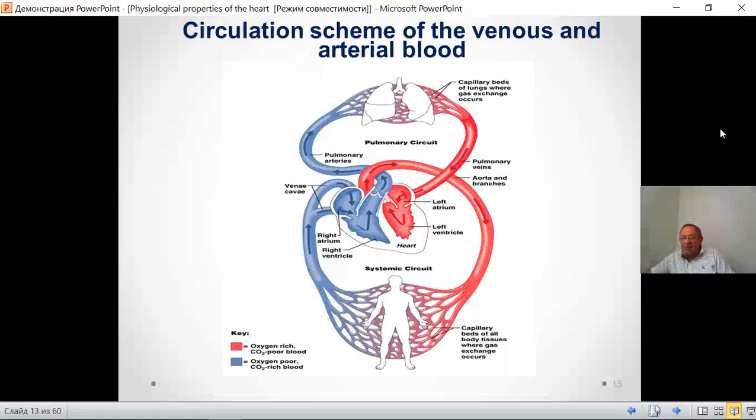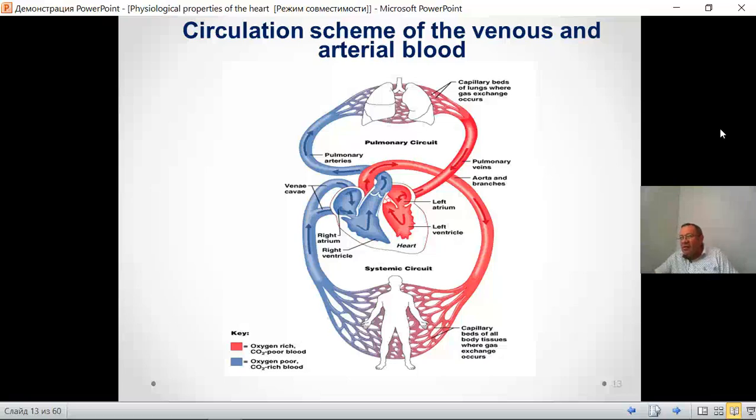Circulation through the heart. In the figure you can see the circulation scheme of venous and arterial blood in our body. There are two distinct but linked circuits in the human circulation, called the pulmonary and systemic circuits.